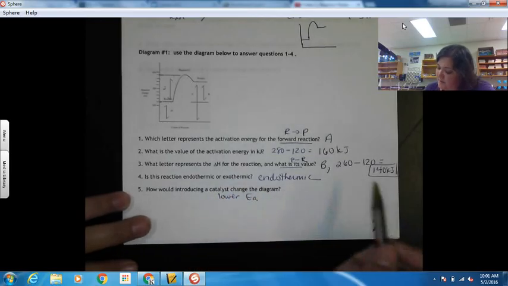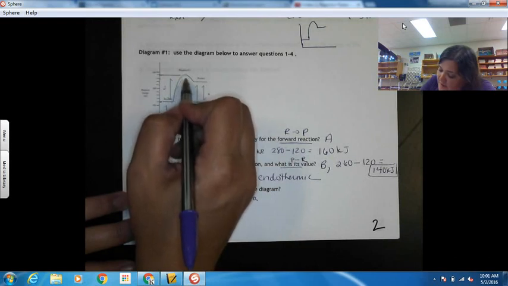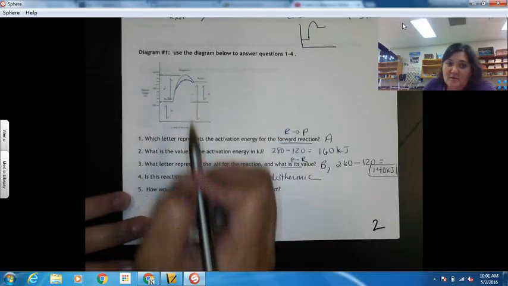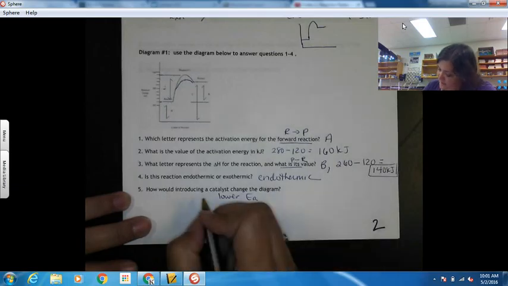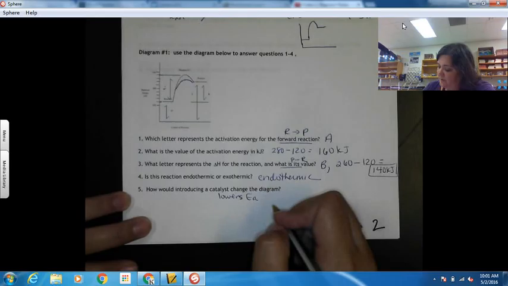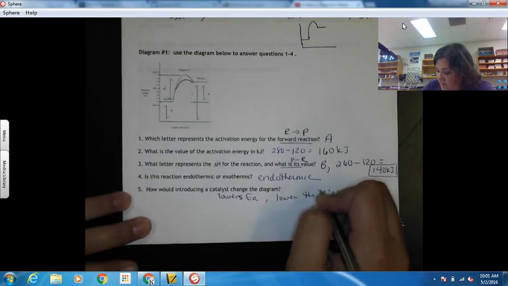So when it does that, the way that is shown on the graph is that the top of the hill becomes much lower. So it lowers the activation energy, which means it would lower the hill, if you will.